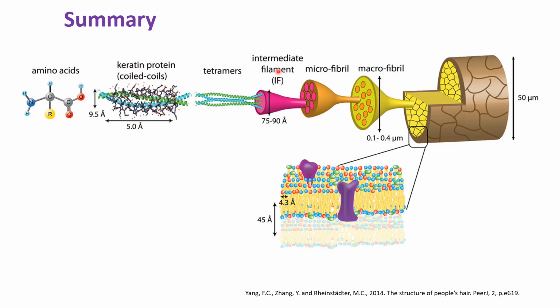And then you've got the microfibrils, which are part of the structure within the actual cell itself, that's part of the hair structure. So you've got this sweeping down from the nano or Angstrom scale through to the micron scale up here, where you've got maybe 60 or so microns across the hair.